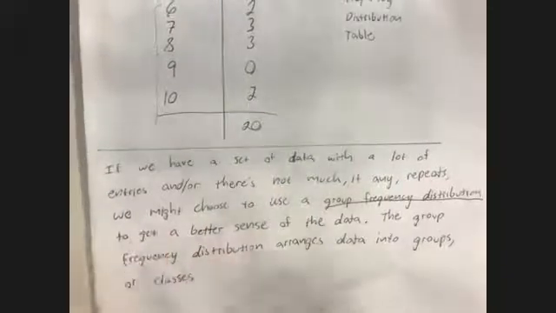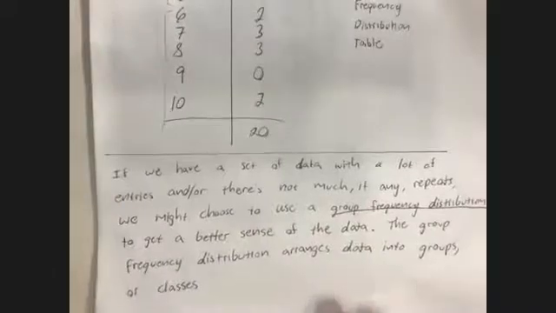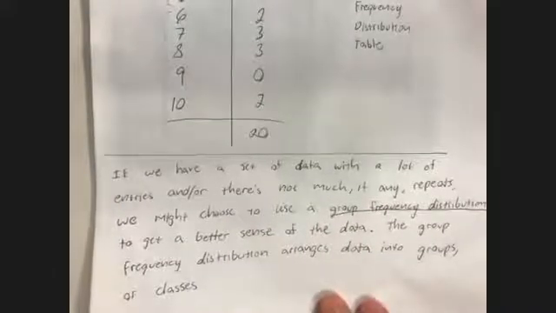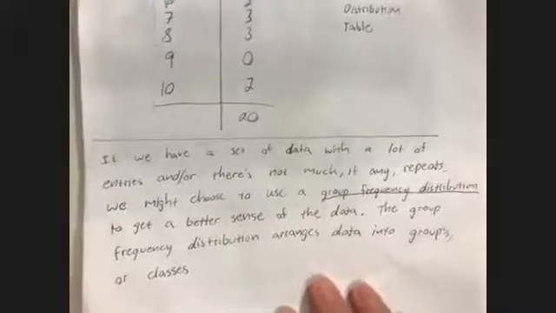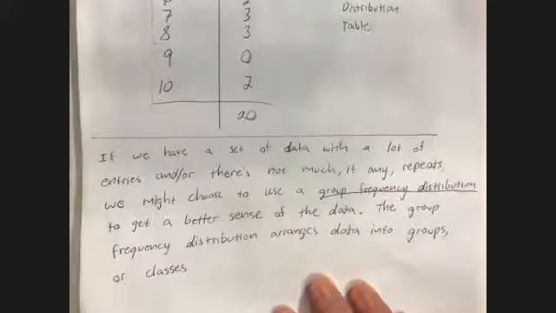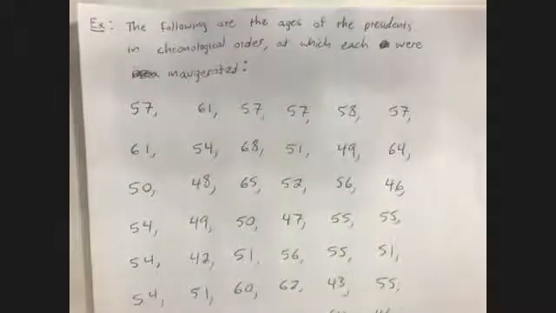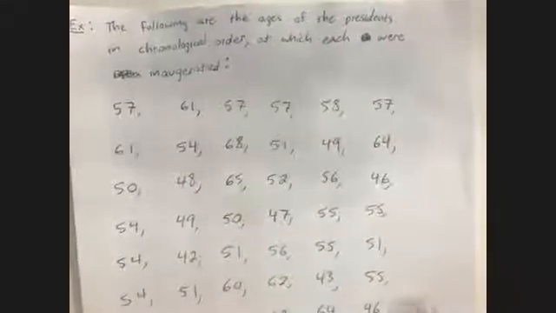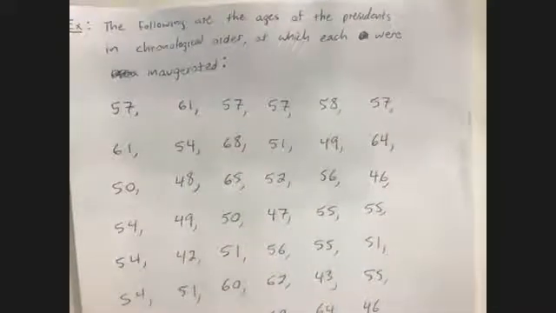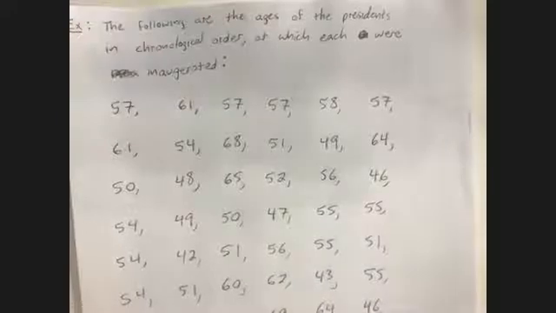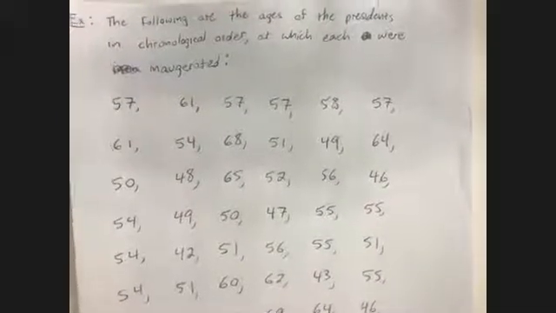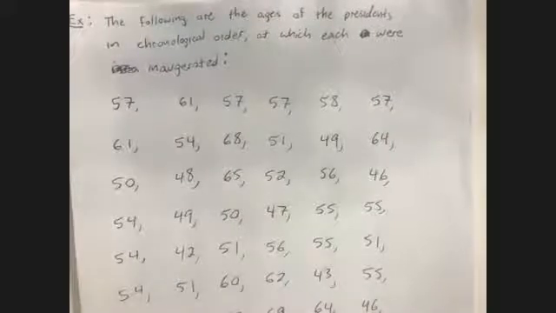Okay, so I found some data in the book. We're going to create a group frequency table with that data. But this data set represents the age at which each president was when they were inaugurated.